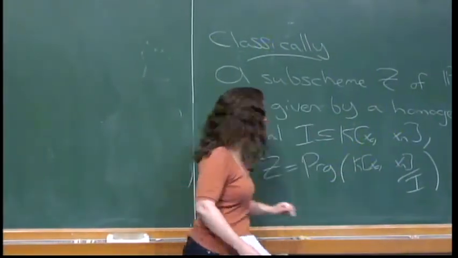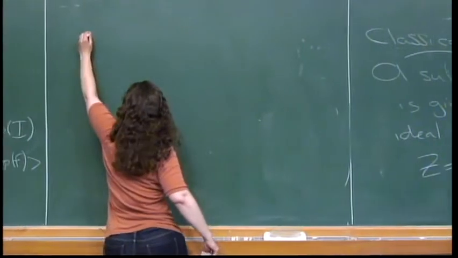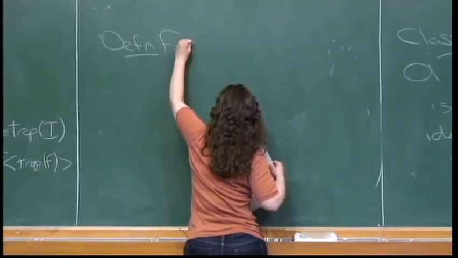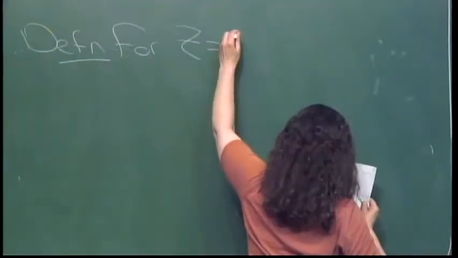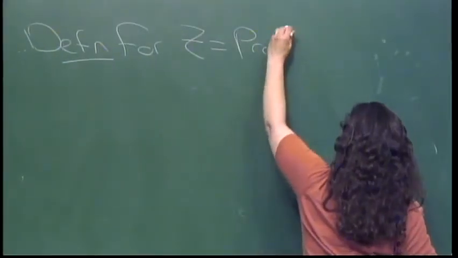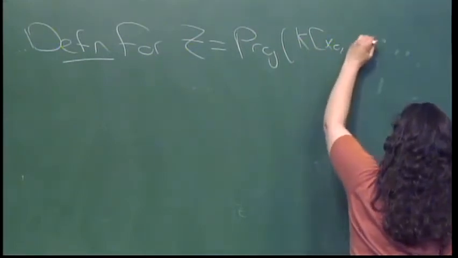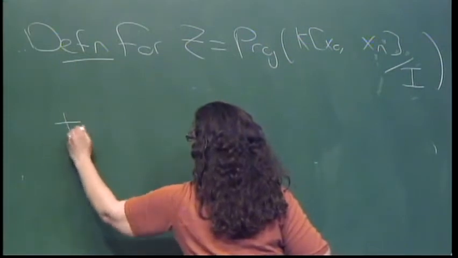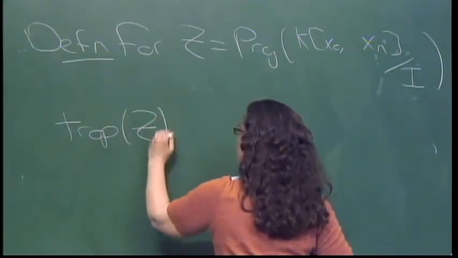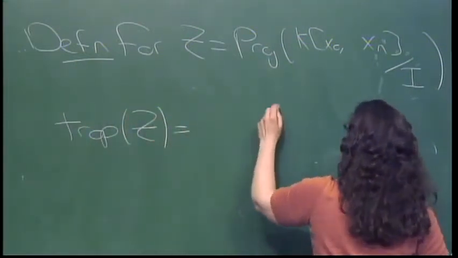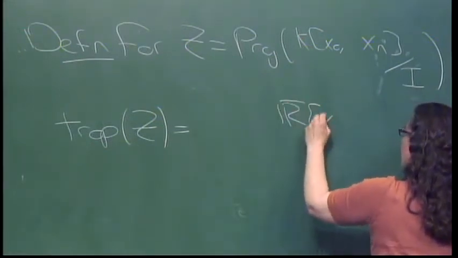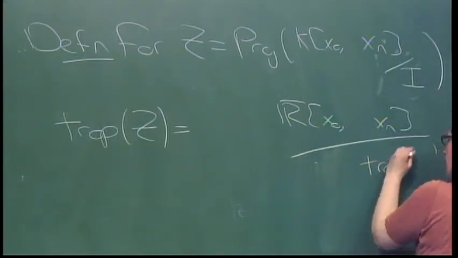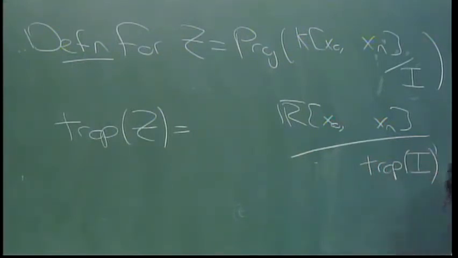So we'd like to say, so for Z being proj of k adjoin x naught up to xn mod I, we're going to define the tropicalization of Z to be, well, we start with R bar adjoin x naught up to xn. Naively, you quotient by trop I.